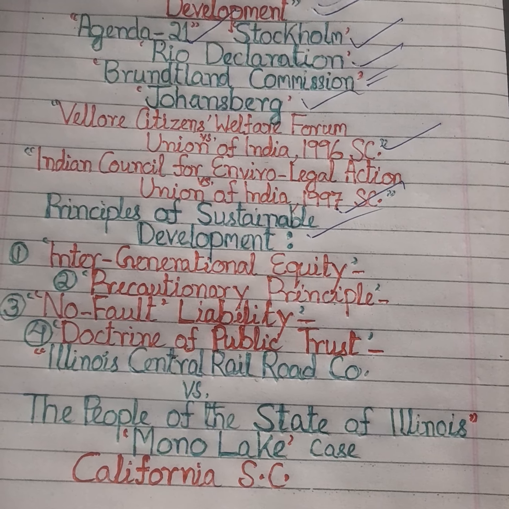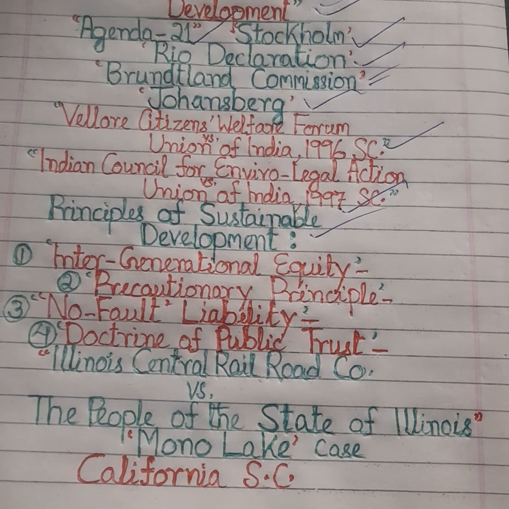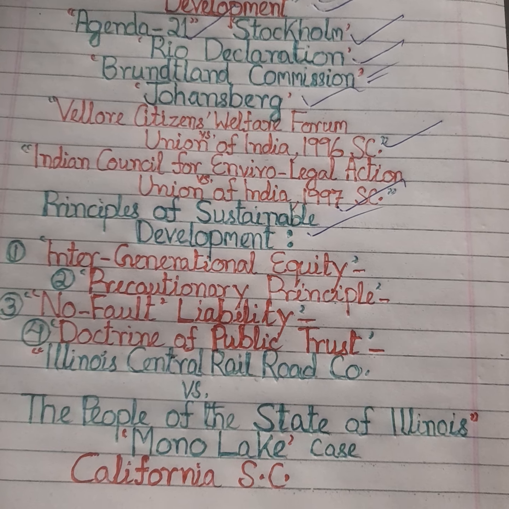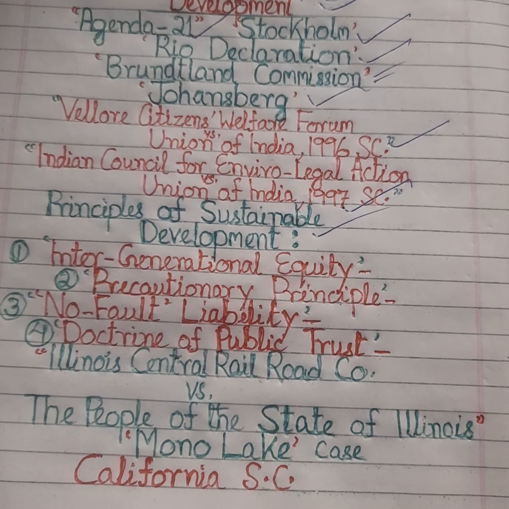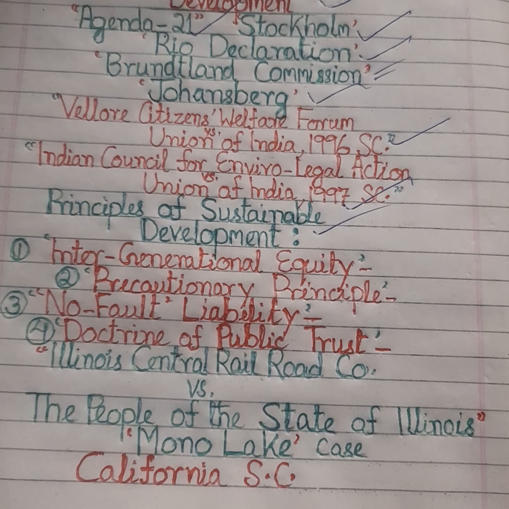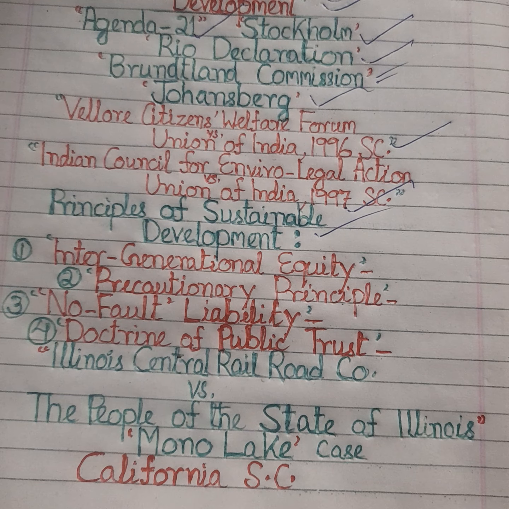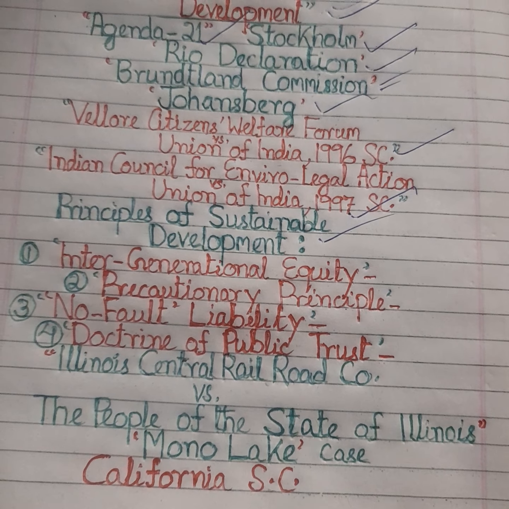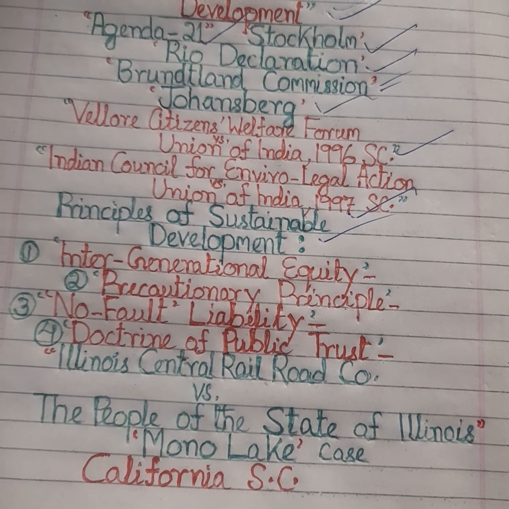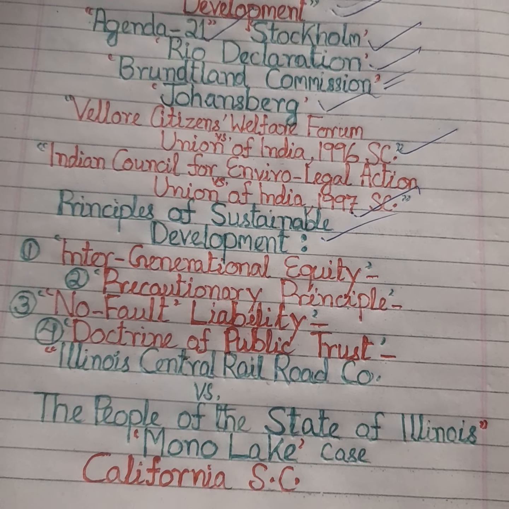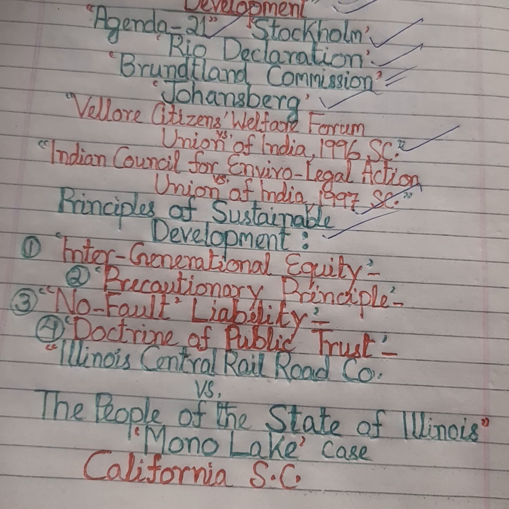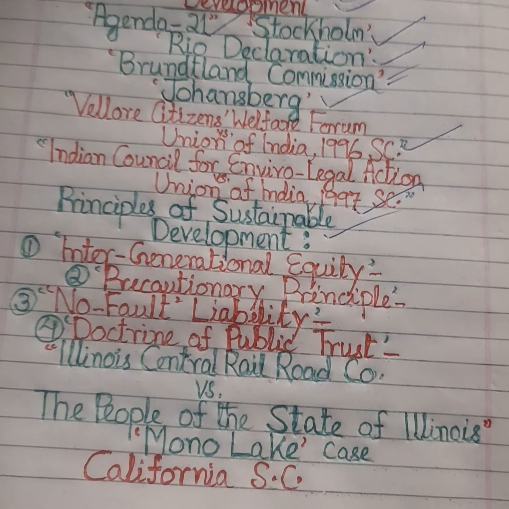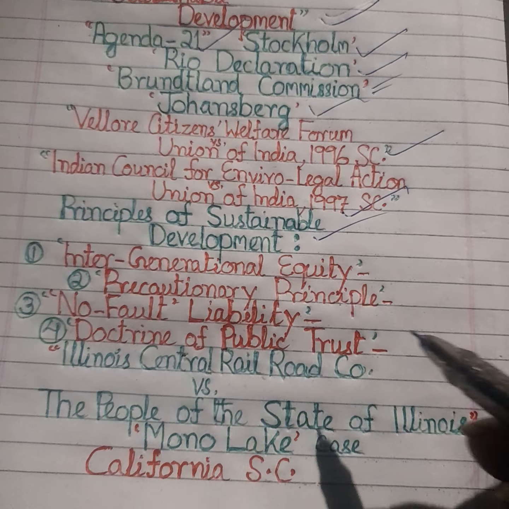Among those principles, the major ones are intergenerational equity, the precautionary principle, the polluter pays principle, the principle of no-fault liability, and the doctrine of public trust.